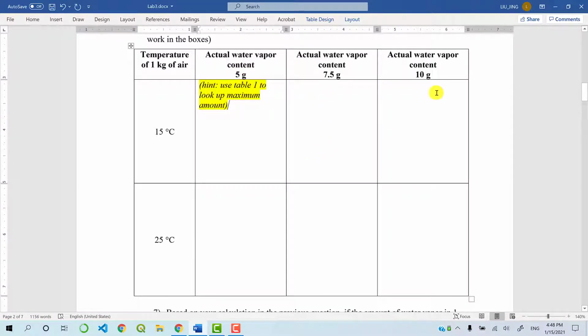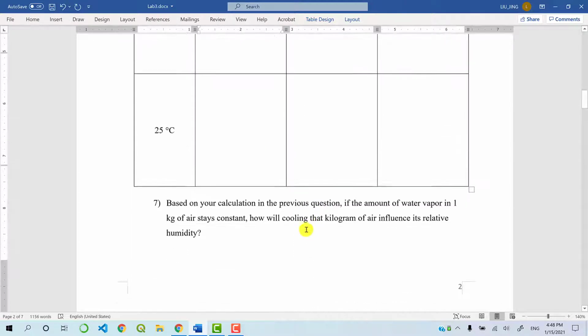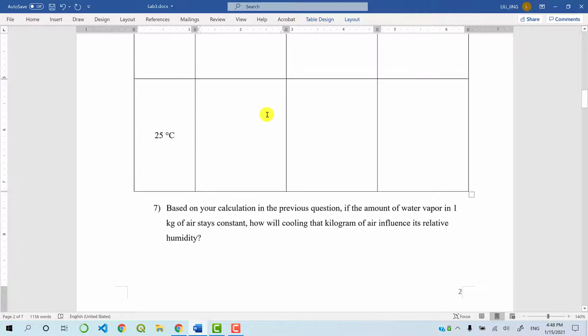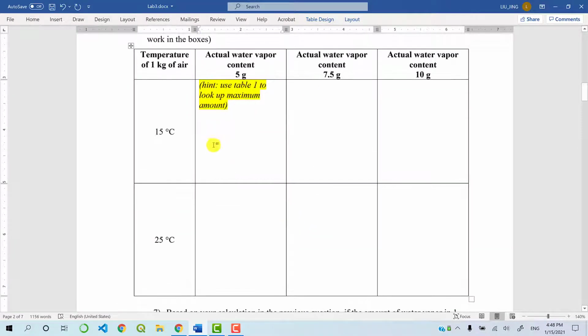Same thing for all these. Then based on your calculation in this table, compare: if the amount of water vapor in 1 kilogram of air stays constant, how will the cooling process influence its capacity?